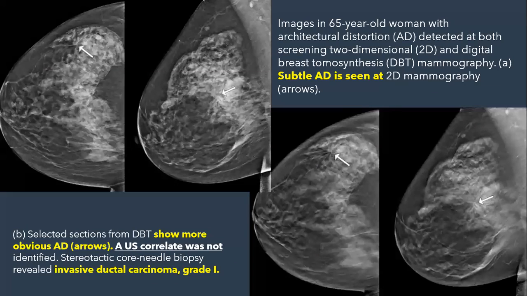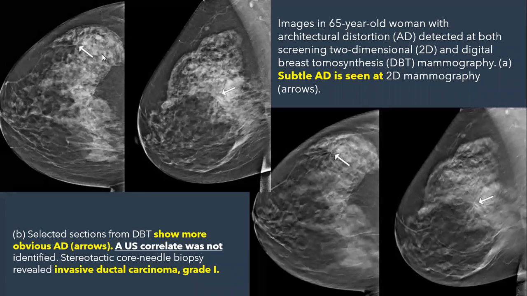Okay, this is another example. A 65-year-old woman with architectural distortion detected both on screening 2D as well as on digital tomosynthesis.